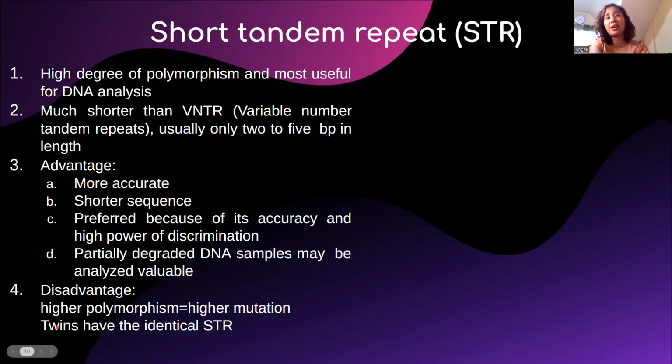So twins, if they are identical, they only came from one ova. Guys, they have the same short tandem repeats. So I see an issue here, guys. What if, for example, a man has a twin, and a mother is finding the father because she wants to get child support?